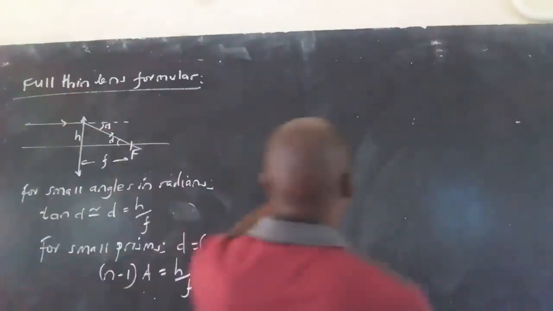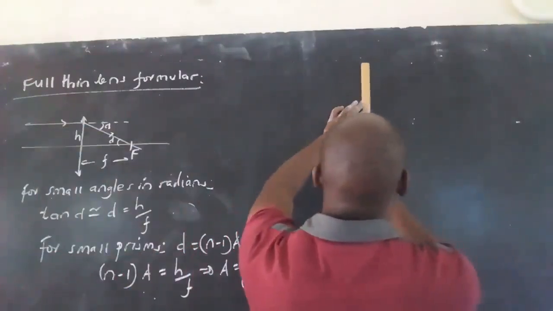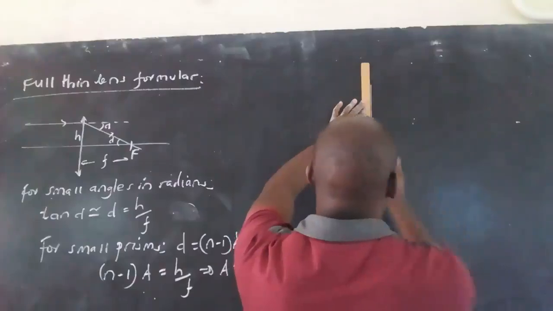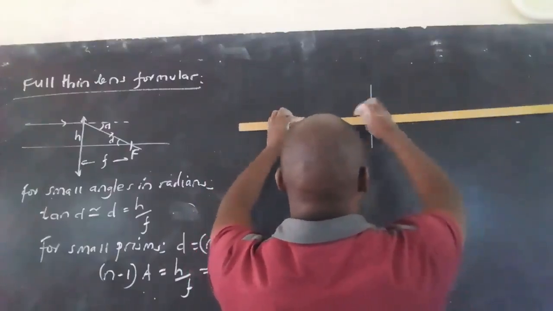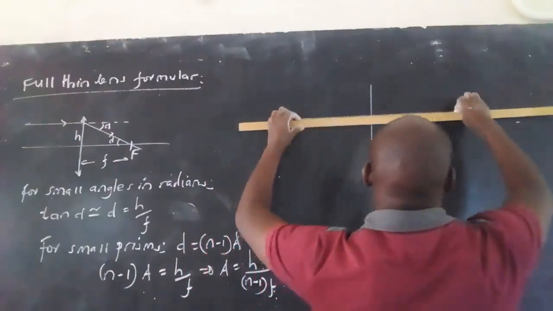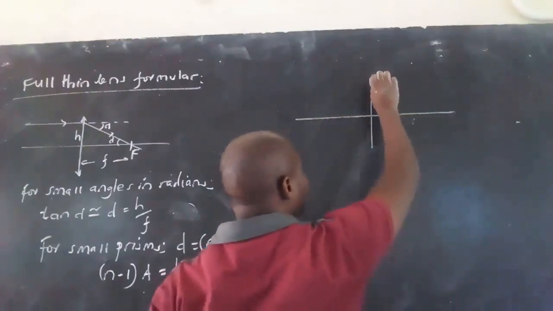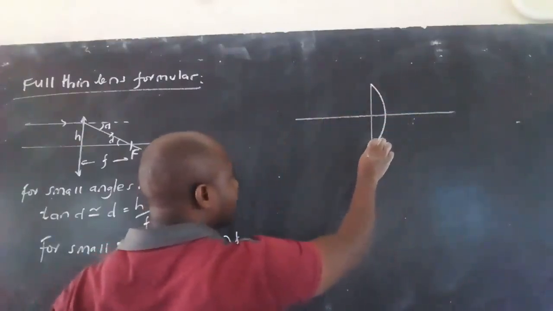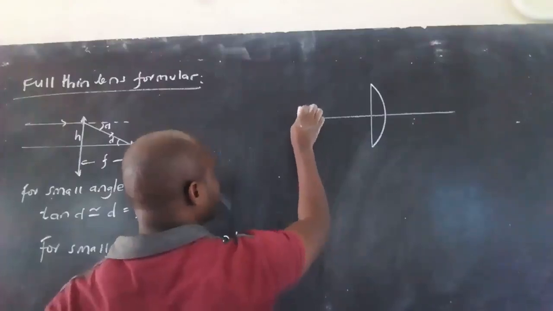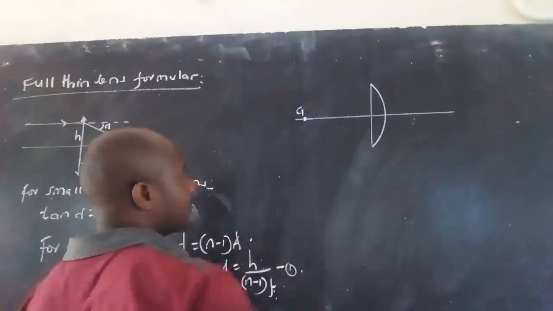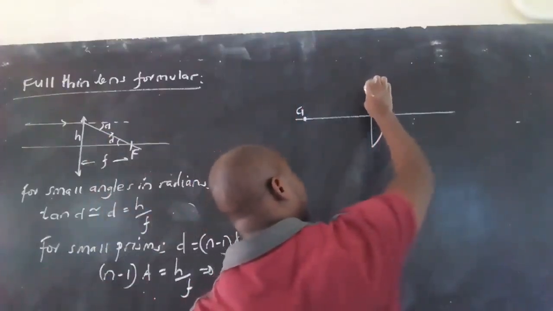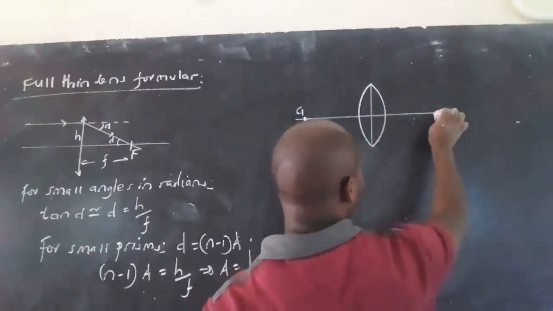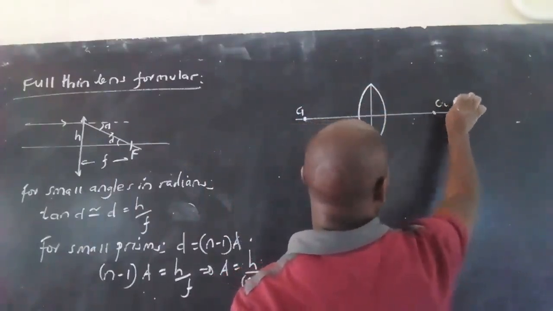Then after that, we can also consider this one. This is a lens. Let's consider something here. Make sure you are very careful. Now, a lens has two curved surfaces. So this is the first curved surface with its center of curvature C1 being this one. Then this one also has a curved surface, the center of curvature being C2.